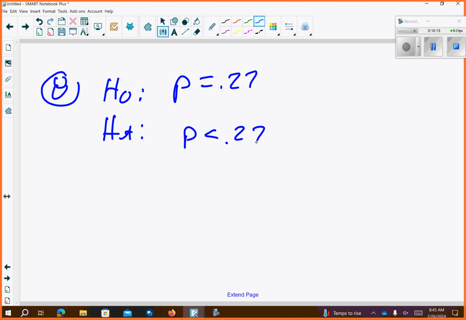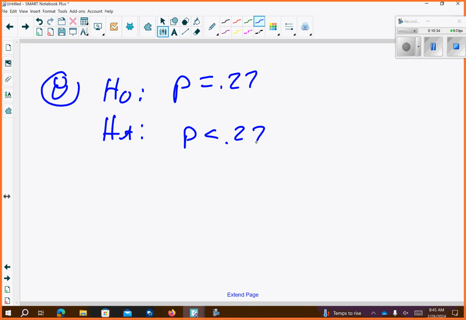We believe that it's less than 27% have health insurance. So the null of our alternative is that it's equal.